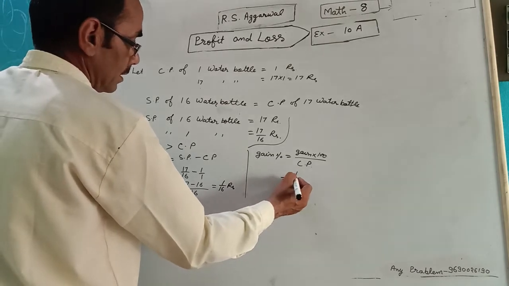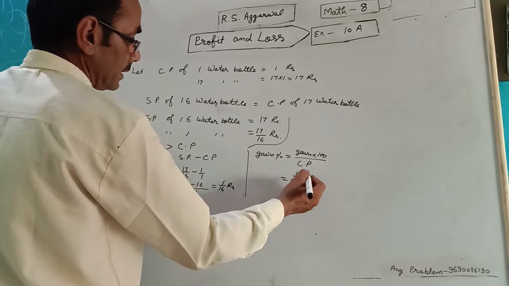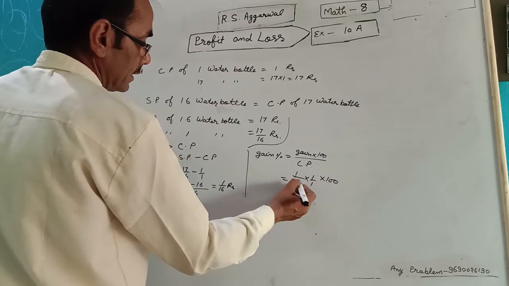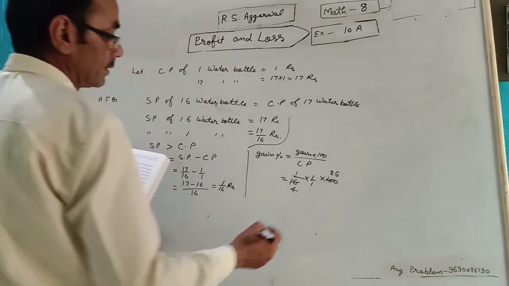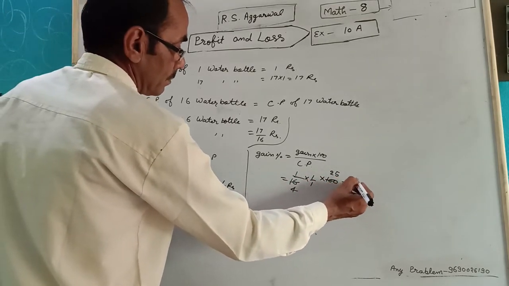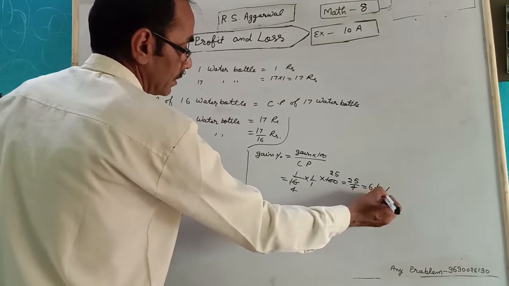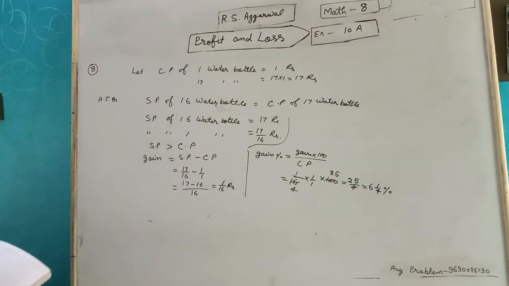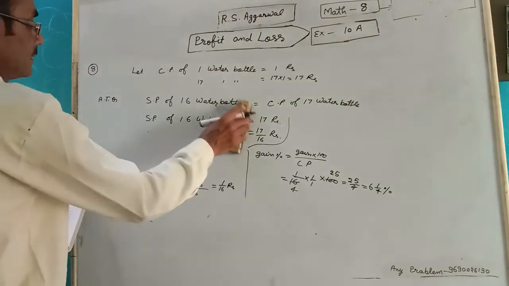Gain is equal to 1 upon 16, into 100 upon CP which is 1. 4 fours are 16, 4 twenty-fives are 100. 25 upon 4 is equal to 6 whole 1 upon 4 percent. This is the gain percent. Question number 8 is complete.